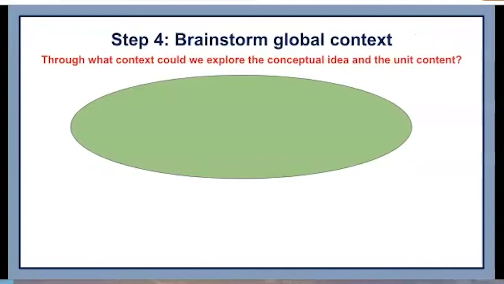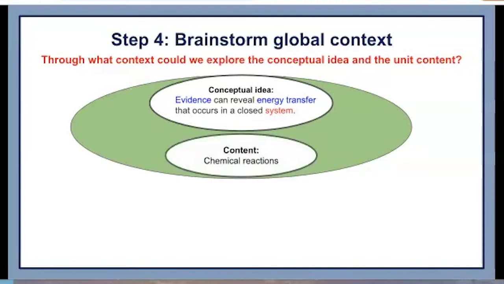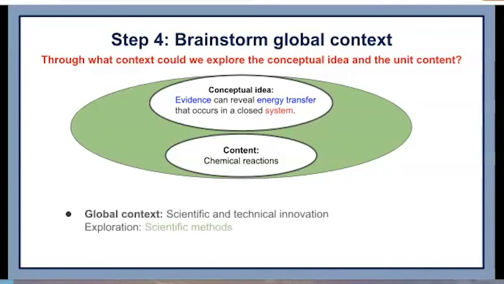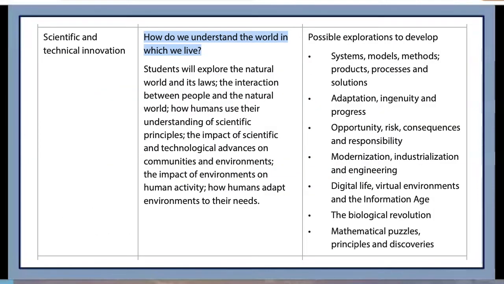The next step would be to think about a context through which students could explore the conceptual understanding and the unit content. So we're looking at the conceptual idea and the content, just a little reminder. And we're thinking about what global context category might apply here. Looking at the category scientific and technical innovation, we see that the question is, how do we understand the world in which we live?